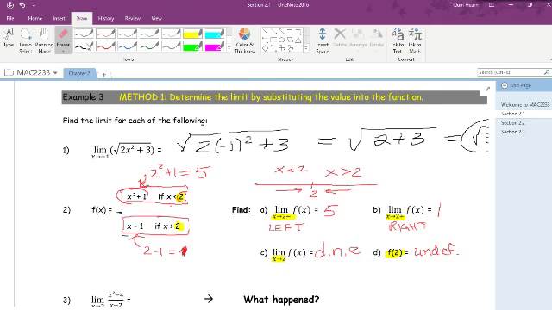Okay, so let me just show you. Notice that in item number 2, we had part of the function to the left of 2 look like the graph of x squared plus 1.